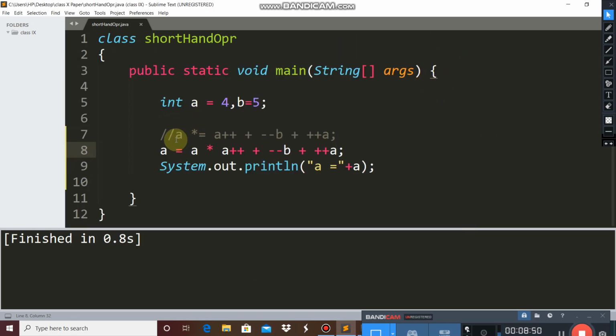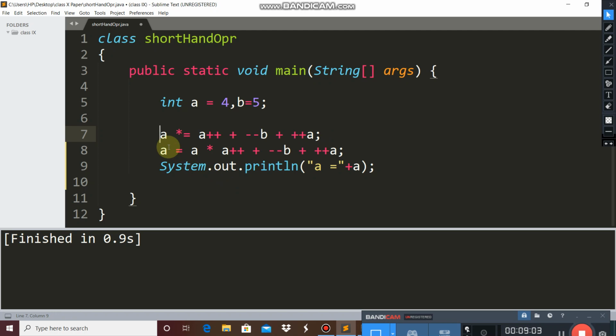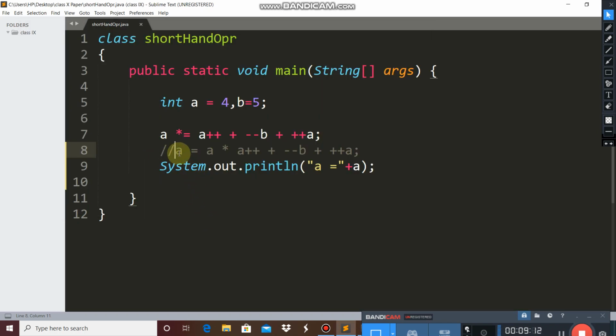In both these cases you see that the result is different: in this case the answer is 26, but in this case the answer is 56. So don't forget to put the brackets while you are evaluating an expression with compound assignment operators, when you have an expression with prefix, postfix or whatever. I hope you have understood this concept.